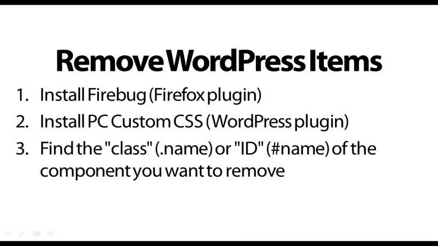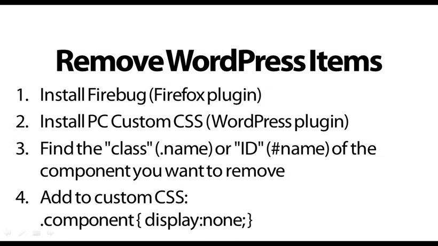So we figure out either the class, and if it's a class, then it's dot name, which means that there's many of them, or if it's an ID, it's hash mark name, and then we just add this to custom CSS, which is in the appearance menu. So Appearance, PC Custom CSS, and then we just say dot whatever it was called, curly brace, display colon none, semicolon, curly brace. And you might have to write this down at first, but eventually you'll see this enough where it'll be second nature to you.